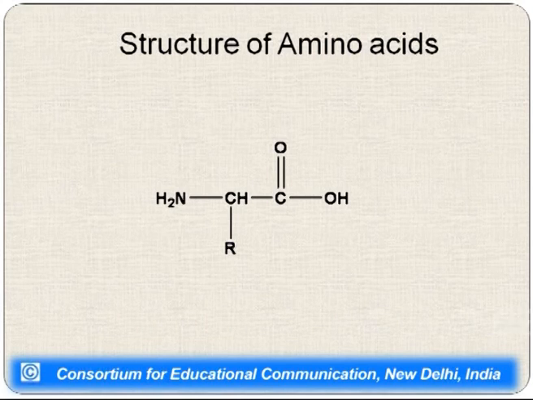So when we want to synthesize this molecule, we need to have the NH2 group and the carboxylic COOH group in place with a certain long chain of carbon, or we may call it a hydrocarbon chain, or with some other substitutions.